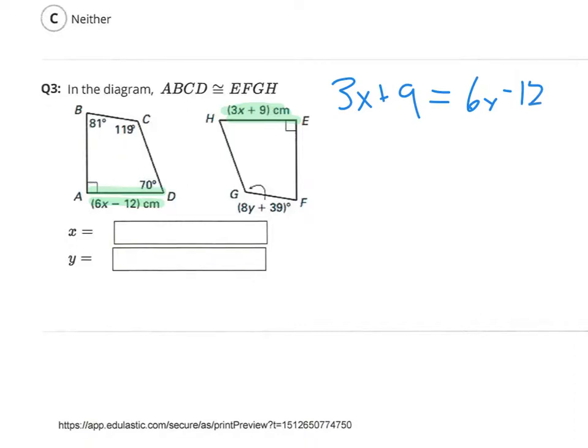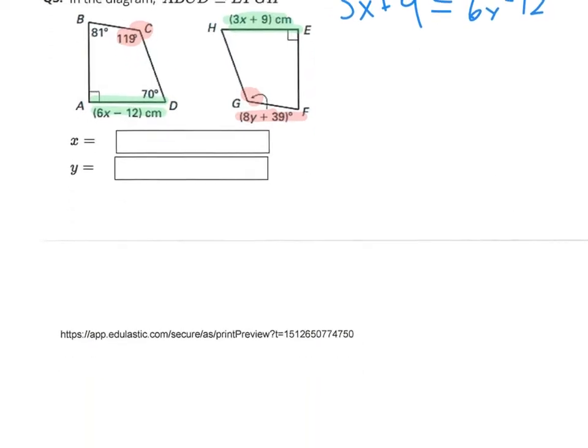Now, in the other one, to solve for y, this part here is talking about angle G, okay? So it corresponds with angle C. Again, you're doing the exact same thing as you did for x. Set these two equal to one another and solve for y. If you have questions, let me know.